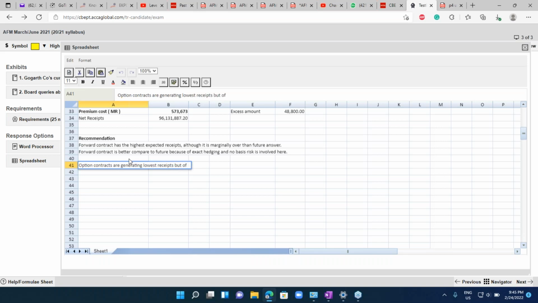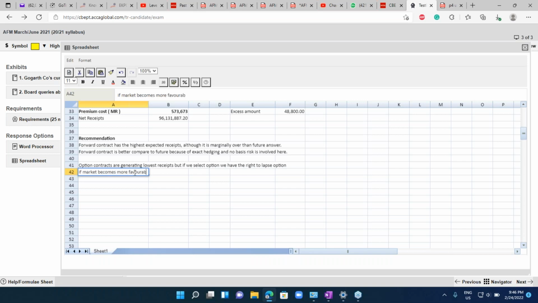but if we select the option, we have the right to lapse the option if the market becomes more favorable.